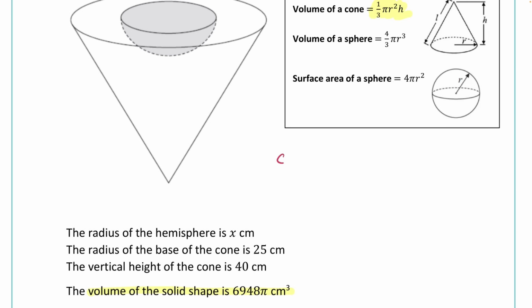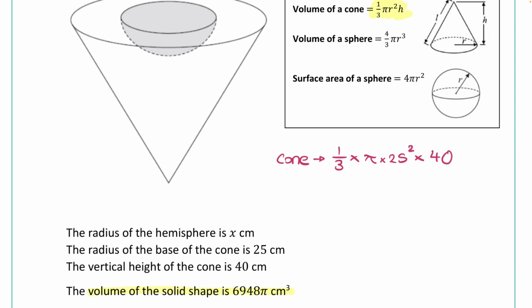So for the cone, we would do 1/3 times pi times r squared, says the radius is 25, so times 25 squared times the height, which is 40. So we want to type that in on the calculator. Now, when we get an answer here, we have two options.